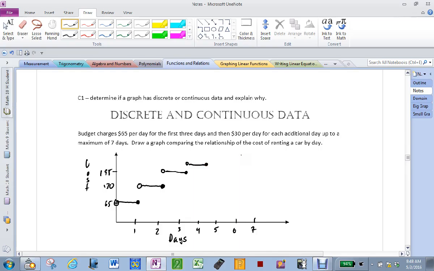Is it a function? It's a yes or no question. Is it a function? Yes. Why? Each input has its own output, even here. Why?